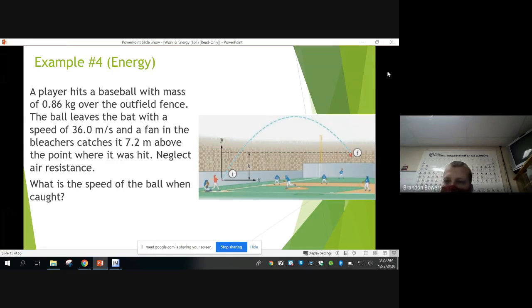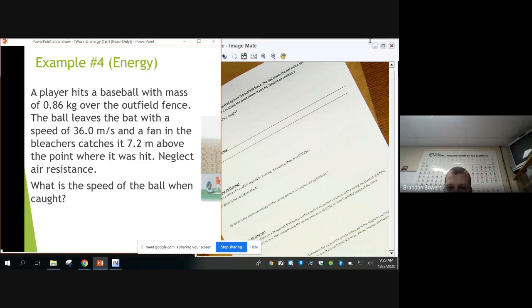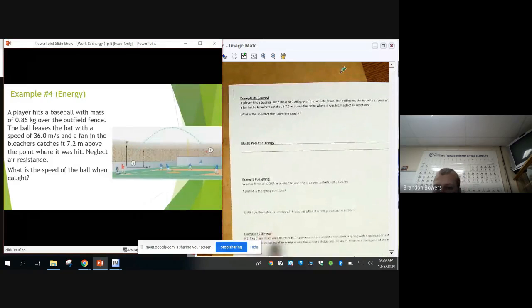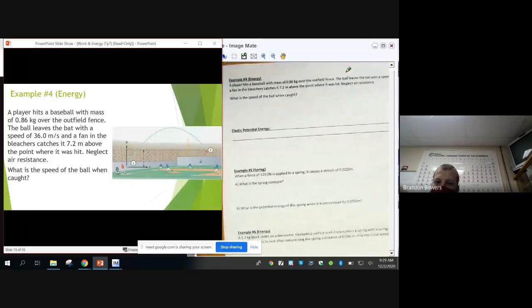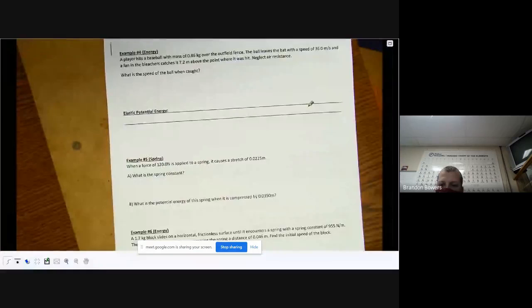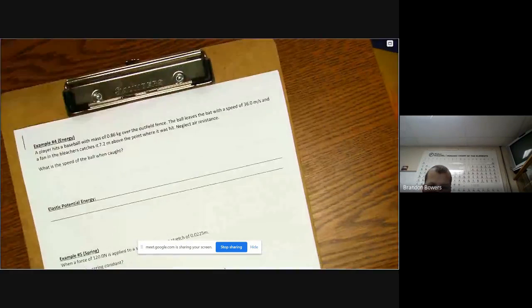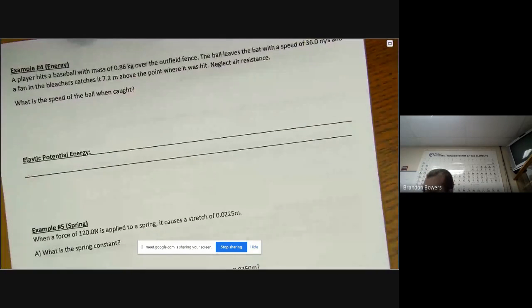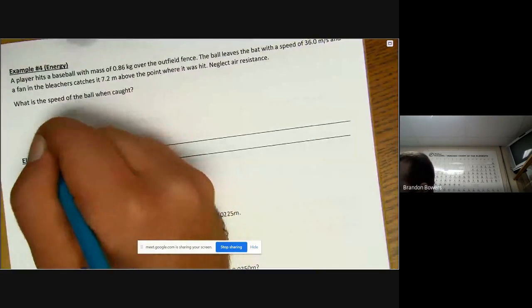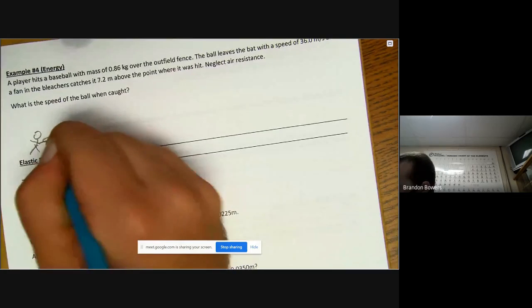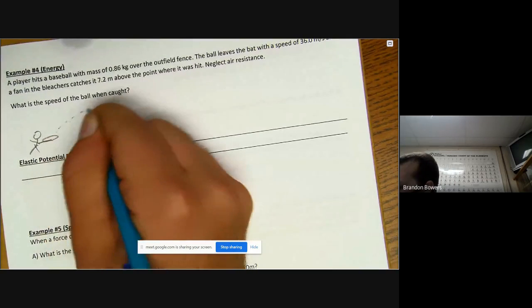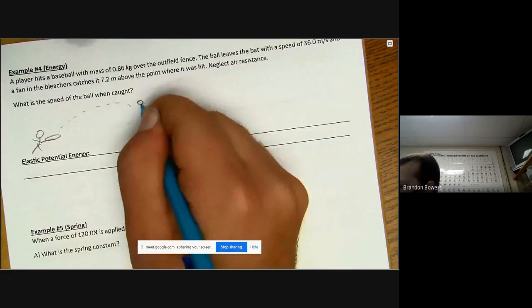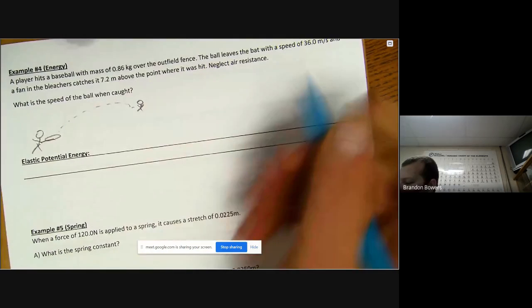Okay, so there's various things we have to take into effect here. So I'm gonna try to zoom in a little bit on my paper because I have the same thing you have. So we had a baseball player, and there's his bat, and he hit a ball, and he caught it right there, right?